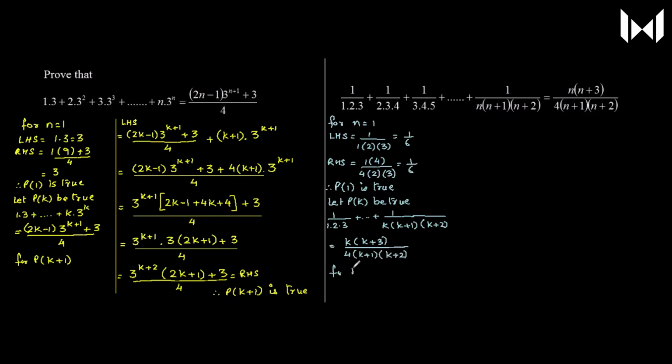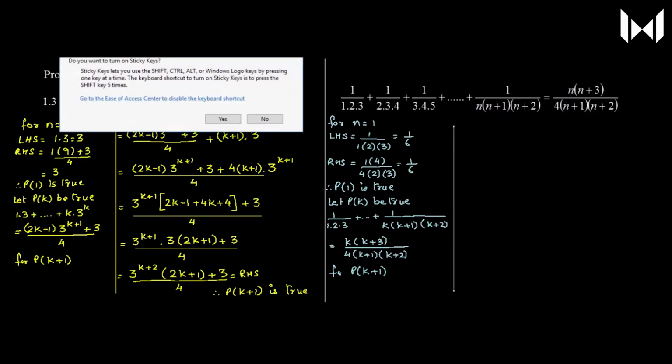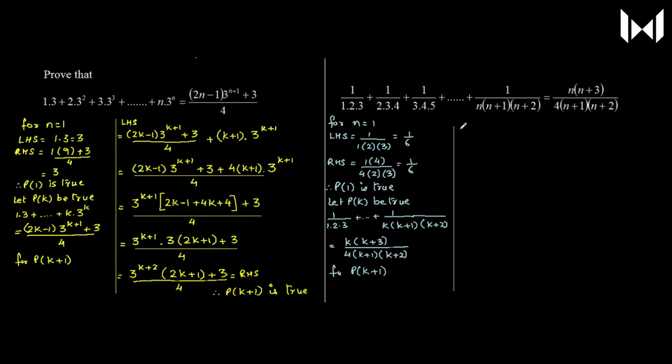Now for Pk plus 1, we substitute the value of n as k plus 1, and we get the left hand side is equal to k into k plus 3 upon 4 into k plus 1 into k plus 2 plus 1 upon k plus 1 into k plus 2 into k plus 3, because we are substituting n as k plus 1 in this term.